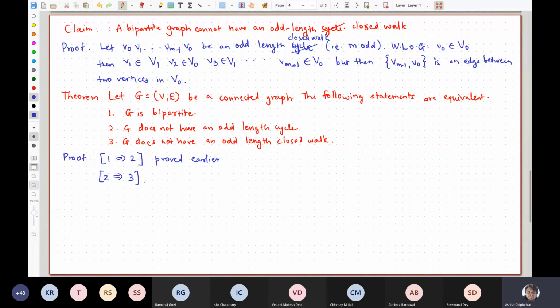So let's prove the contrapositive, i.e., if G has an odd length closed walk, then G has an odd length cycle.